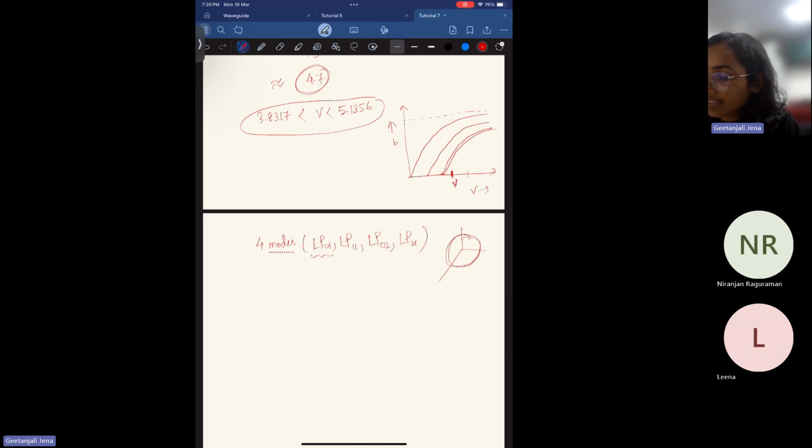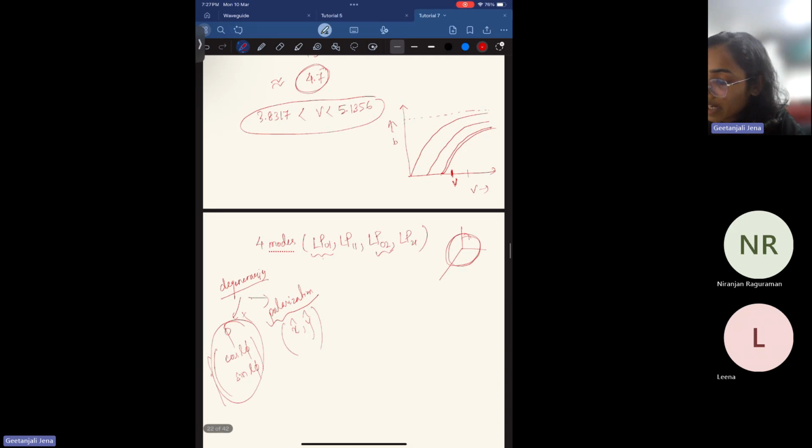So we have two types of degeneracy: one in the phi direction, one for polarization. In the phi direction, we have cos L phi or sin L phi, so each mode with L not equal to 0 is two-fold degenerate. Besides that, we have polarization degeneracy, one for X polarization and one for Y polarization. So when L equals 0, the phi term does not contribute to the degeneracy.